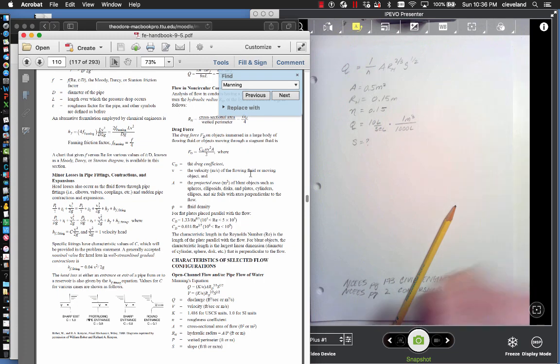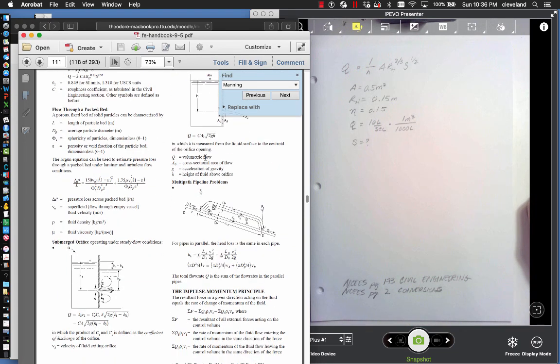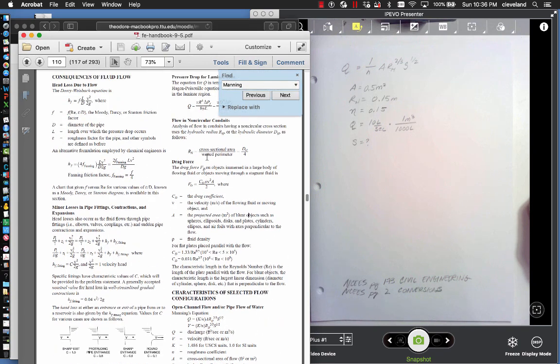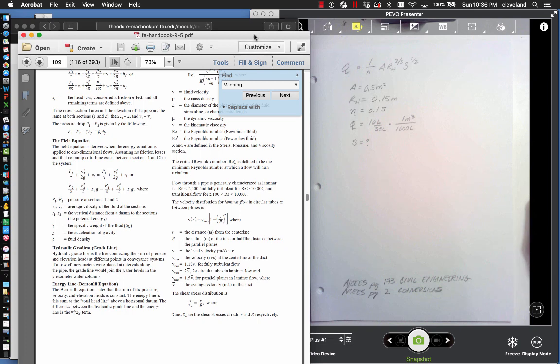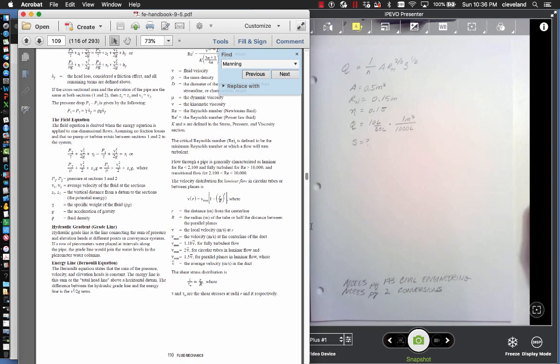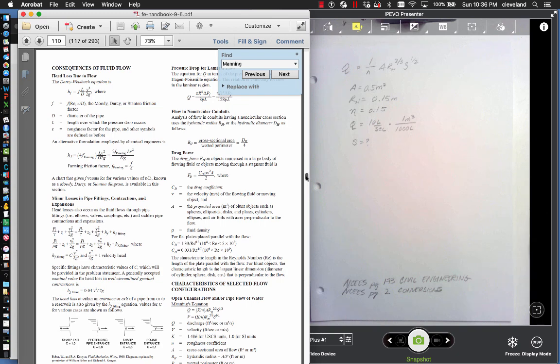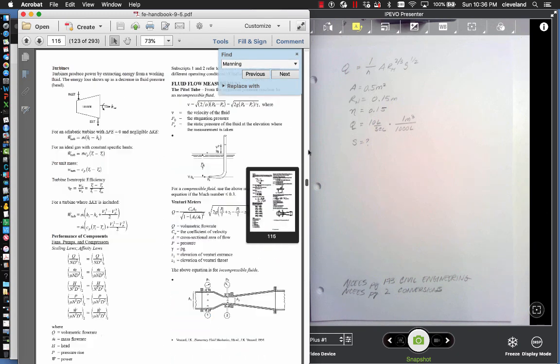Okay, we'll use that page of Manning's equation, which is not 173. Cool, it's also page 111.